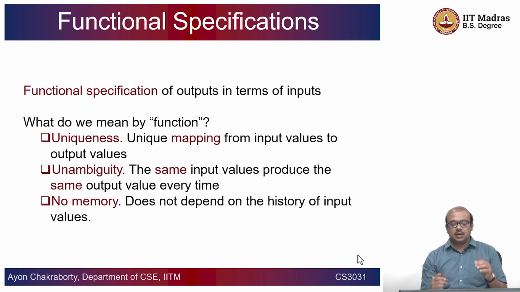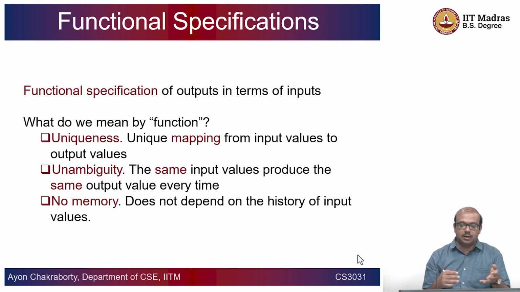So it is not only that it has to be unique, but also it cannot be ambiguous, where sometimes it creates one output and sometimes another. That is not acceptable. The same input values, as mentioned in the functional specification, have to be reproducible or repeatable.